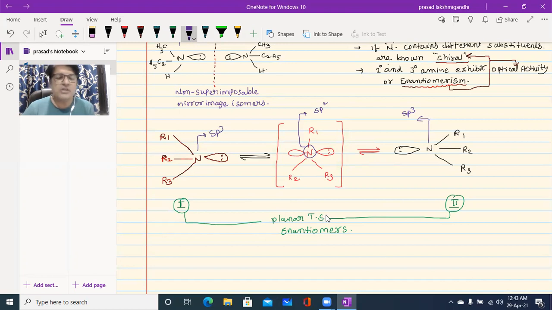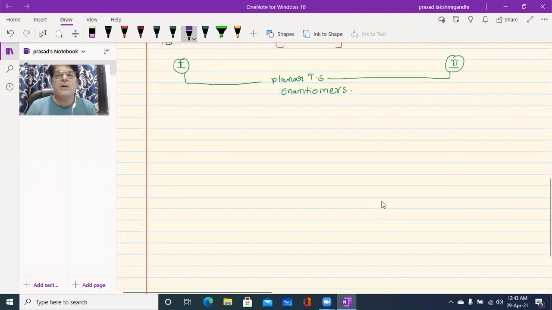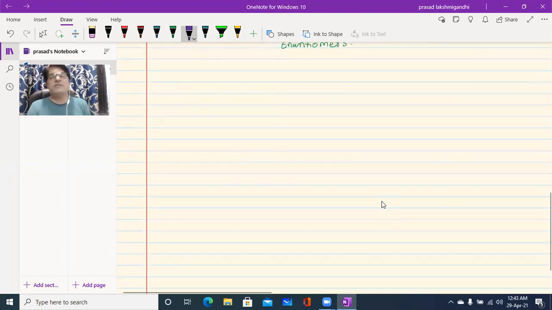Mostly, most simple amines can't be resolved into enantiomers, but with the right examples they can easily be resolved. Let us see which amine compounds can be resolved as mirror images through plane polarized light.